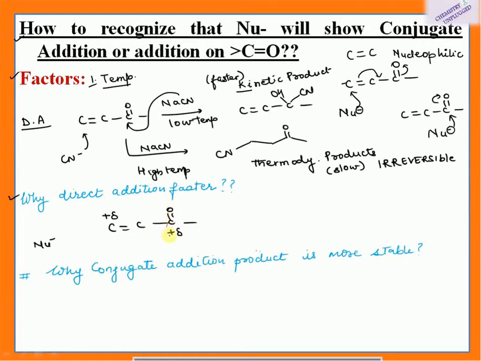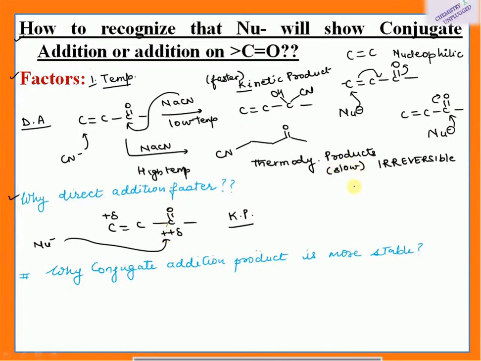It is more electrophilic in nature. So the nucleophile attacks readily on this carbonyl carbon rather than this one. So that is why kinetic products are faster in nature. Formation of kinetic product is a faster reaction and formation of thermodynamic product is a slow process.